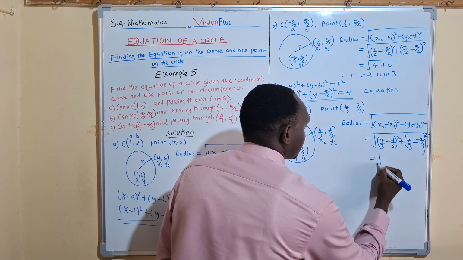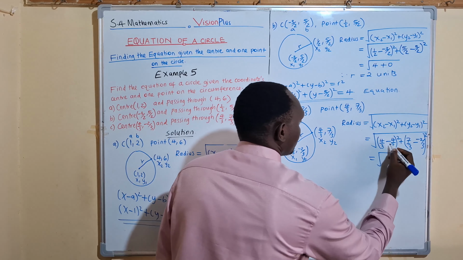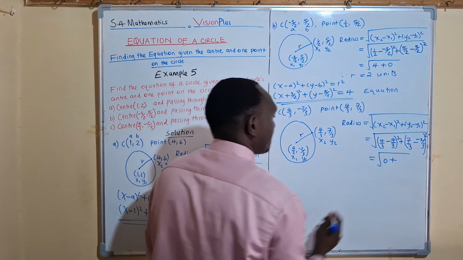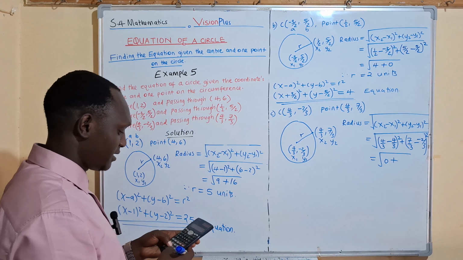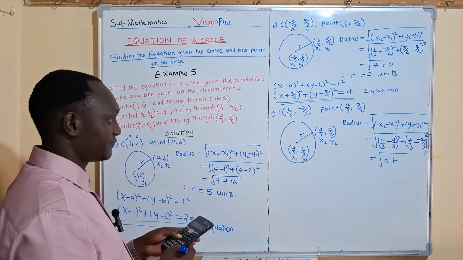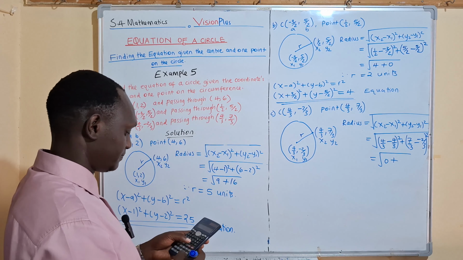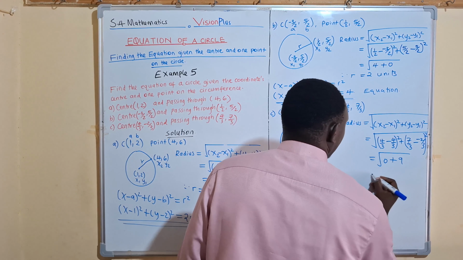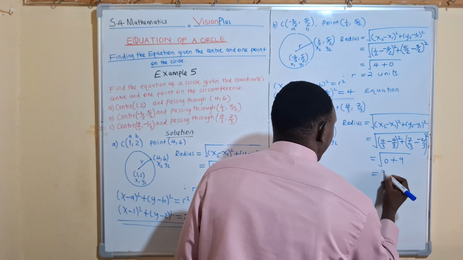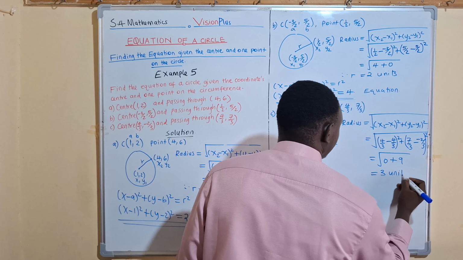Then we simplify that. Here we shall have 0 plus 7 out of 3 minus negative 2 out of 3. I'm getting 3, then square, you get 9. That is, the square root of 9 is 3 units.